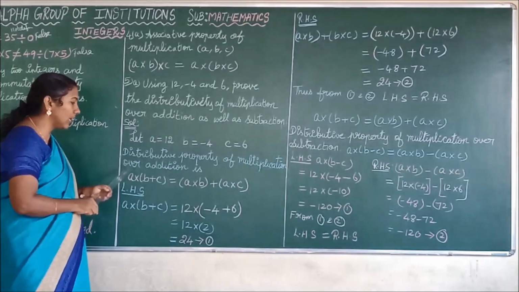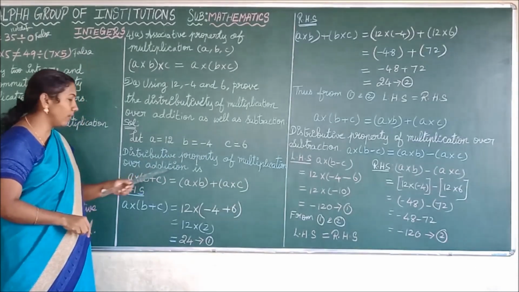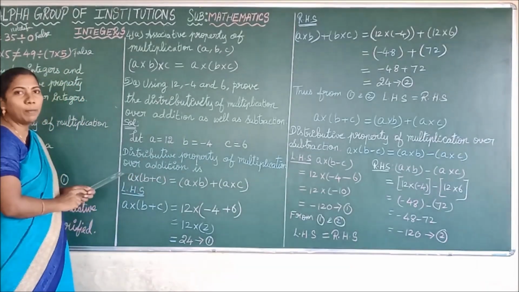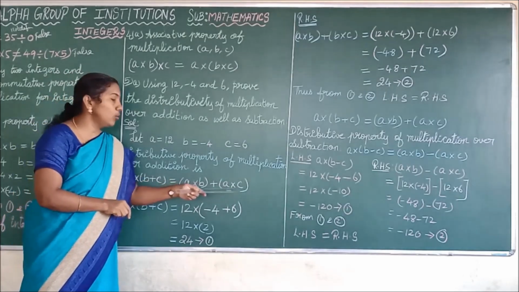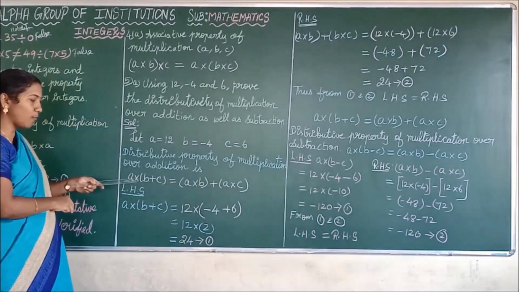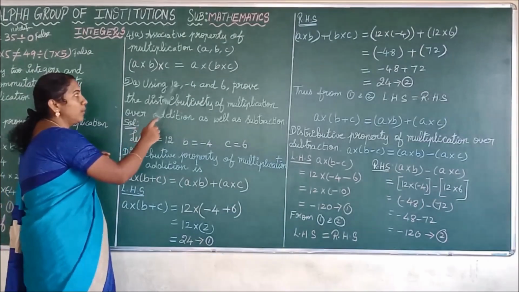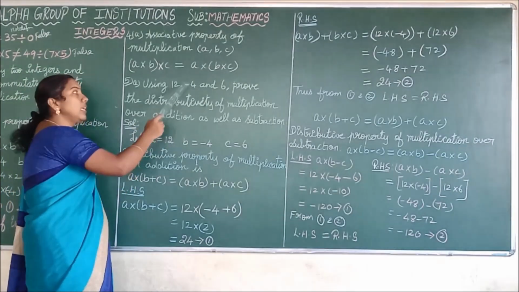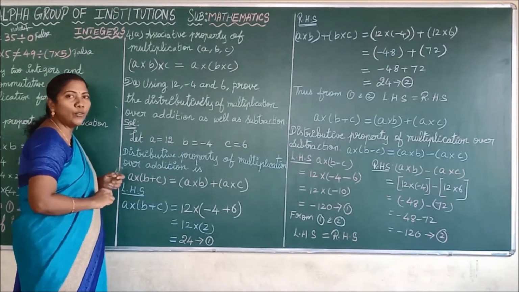First, we are writing the distributive property of multiplication over addition. Okay, what is it? a into b plus c is equal to a into b plus a into c. This is the distributive property of multiplication over addition. We are taking these values as a equal to 12, b equal to minus 4, c equal to 6. Now we are going to verify this.